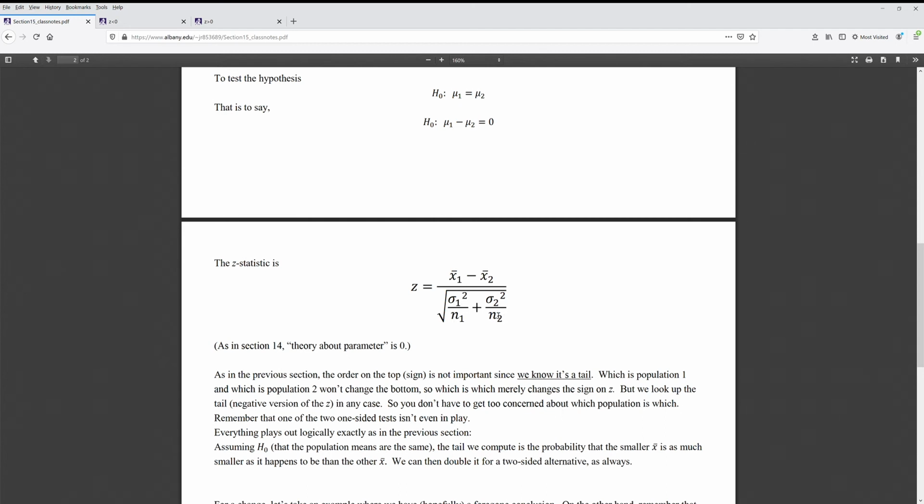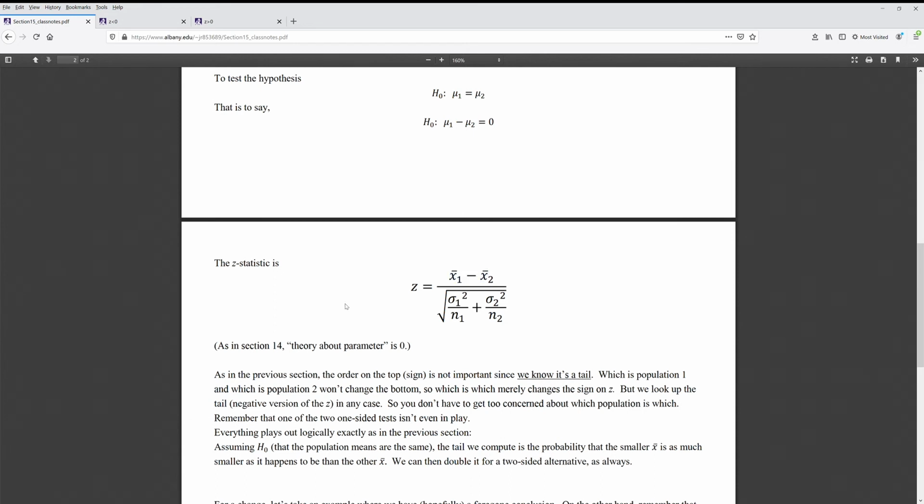As in section 14, notice that we're adding here on the bottom, so as long as you keep the proper sigma with the proper n, it doesn't really matter which population you call 1 and which population you call 2. The bottom will be exactly the same. And as for the numerator, it'll just change the sign.